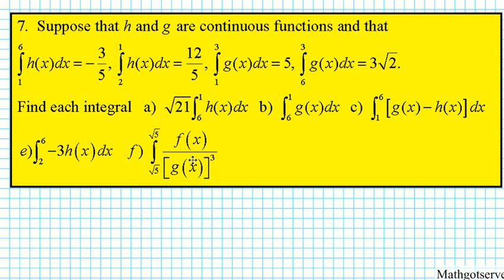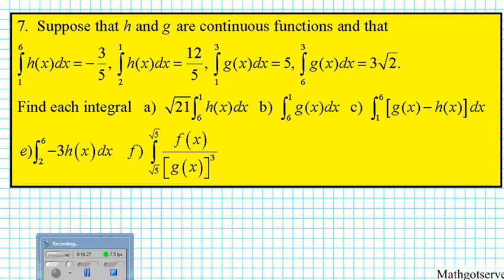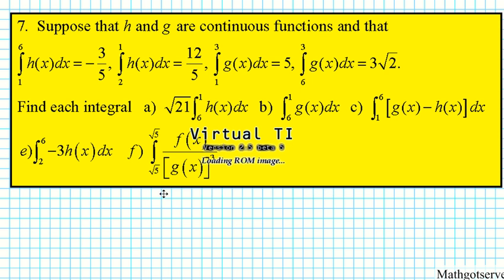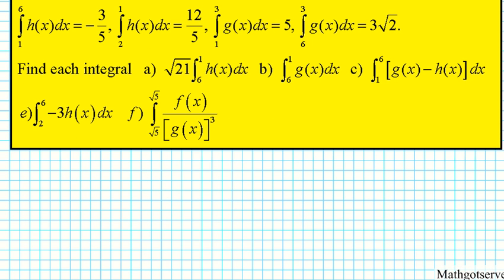We're going to find the value of each one of these, okay? So let's go ahead and get started. We're going to take a look at the first one, which is A. A says we're going to find square root of 21 times the antiderivative from 6 to 1 of h of x dx. All right, so how do we find this?